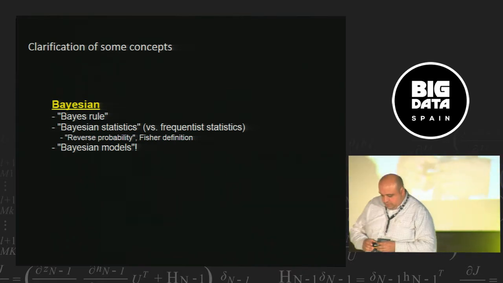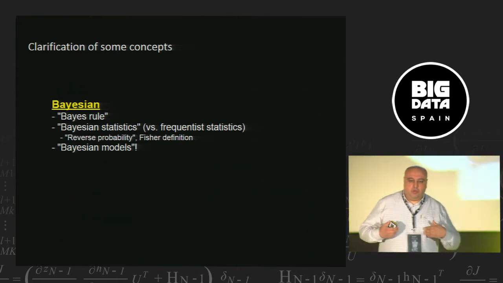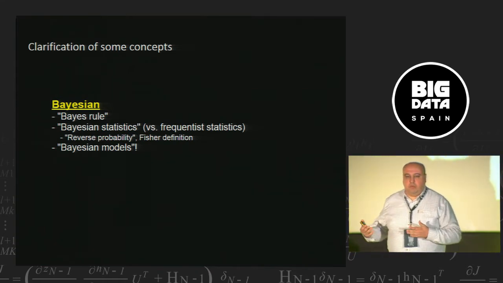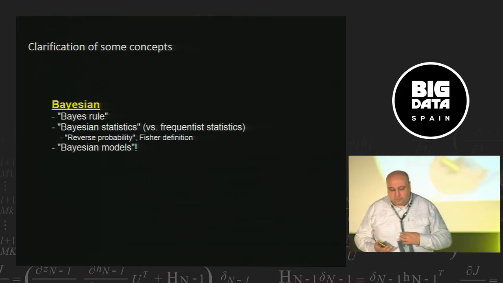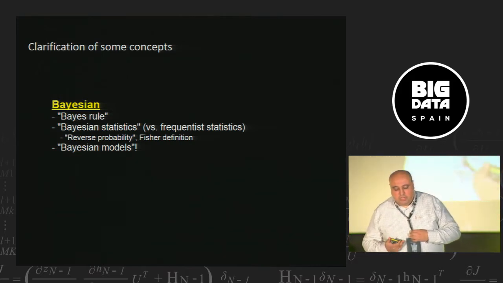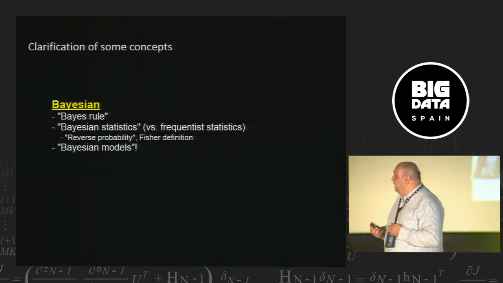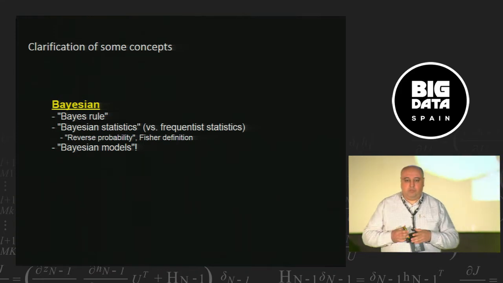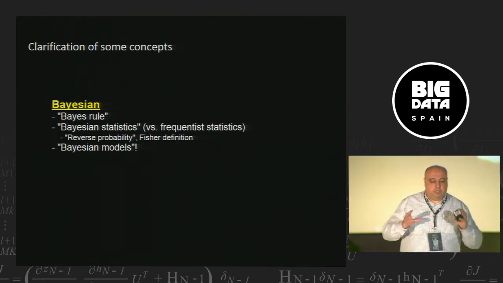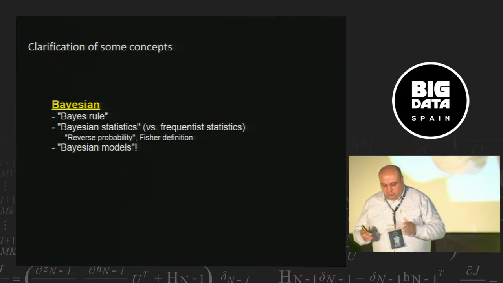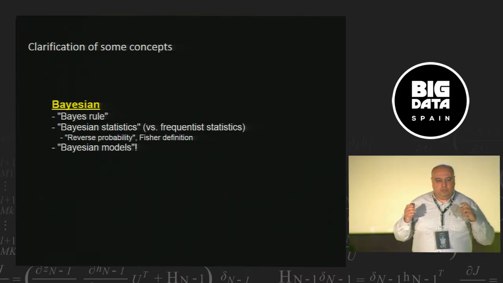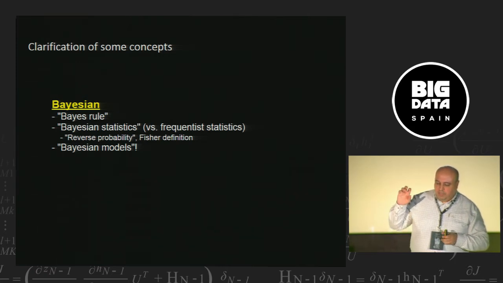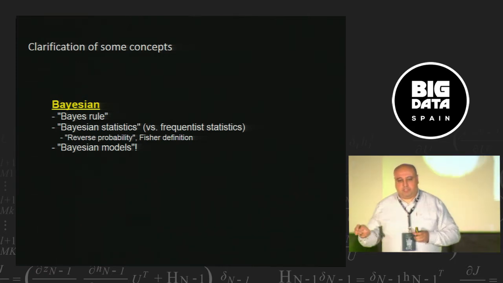So Fisher, when he invented the term, was actually talking about what he called reverse probability. And I think this is a very good frame to understand. Basically, probability in his mind was associating some causes to some effects.